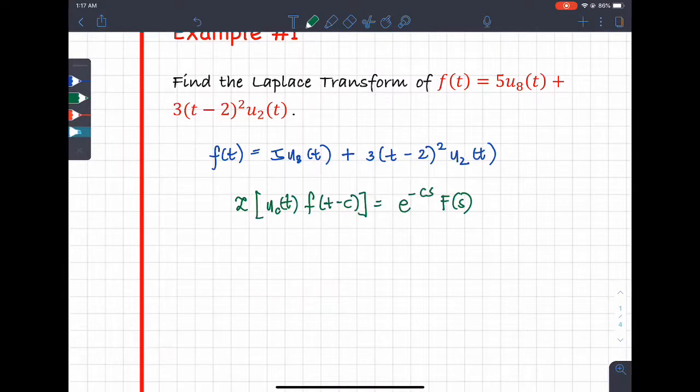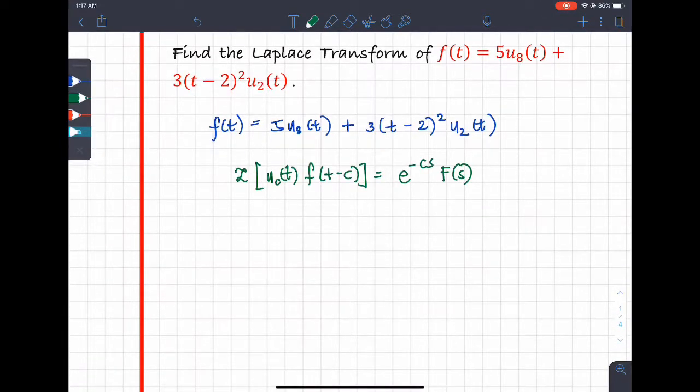In the first term, we just have 5 u sub 8 of t. Our unit step is u sub 8 of t, and our f of t would just be 5. In the second term, we have 3 (t minus 2) squared u sub 2 of t.